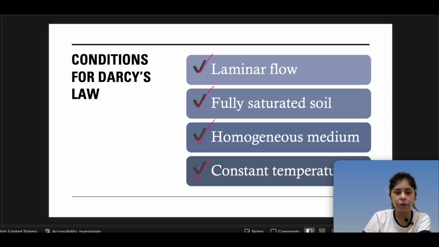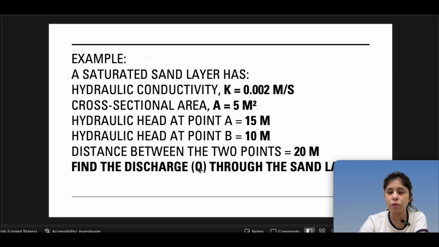So this is how Darcy's law works, and with that we come to one example, in which we have been given the hydraulic conductivity, the cross-sectional area, the hydraulic head at point A, the hydraulic head at point B, and the distance.